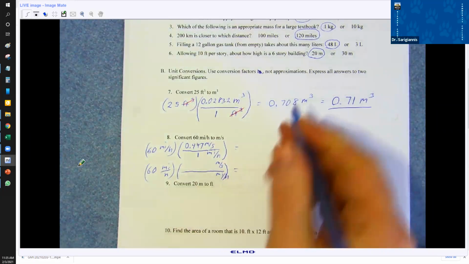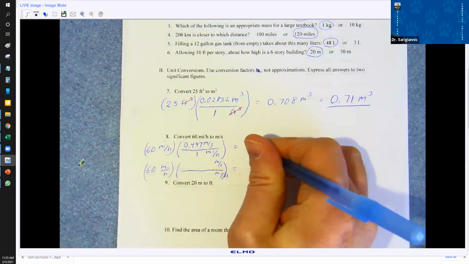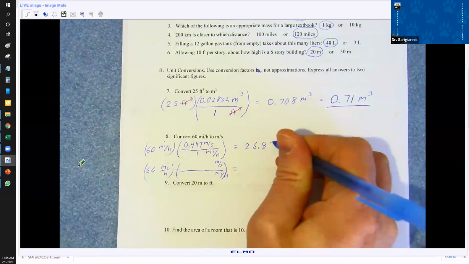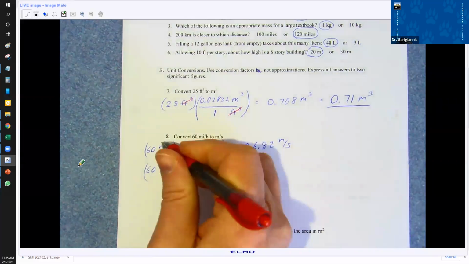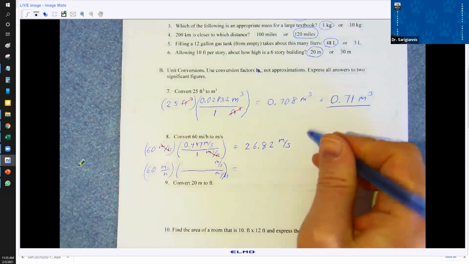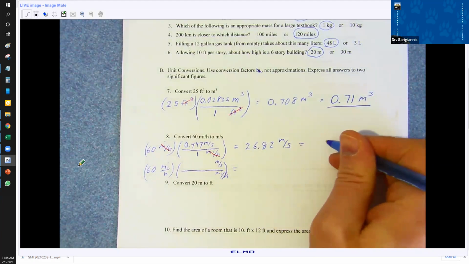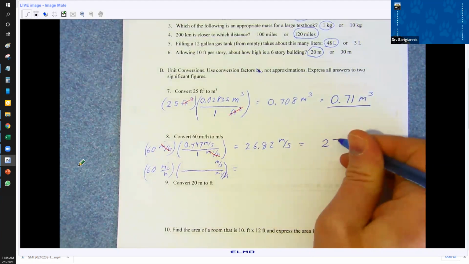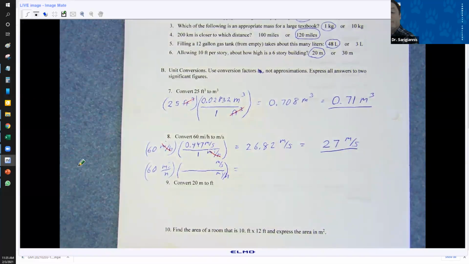So in this top scenario, we're just multiplying these two numbers and we get 26.82 meters per second, because the miles per hour cancel, and we're left with meters per second. With two significant figures, this is going to be 27 meters per second. That's our answer.